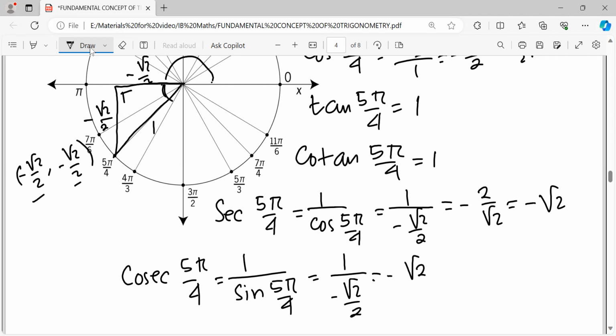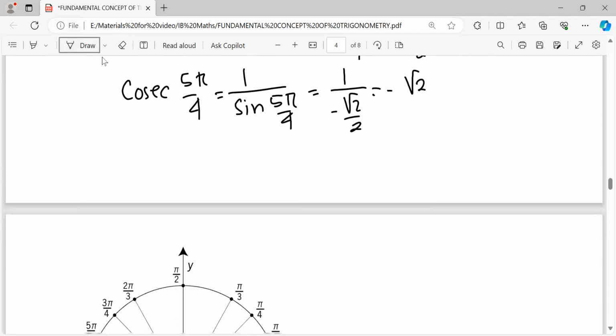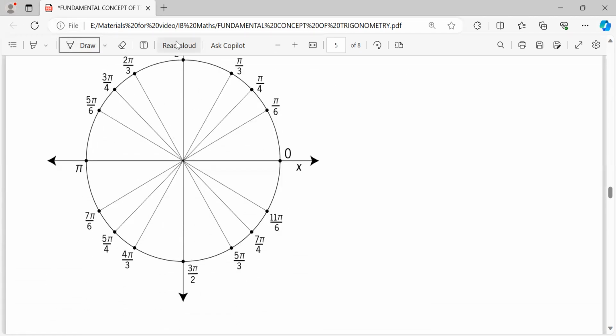Okay, next, 4 pi over 3. This angle, I'm going to create a triangle.